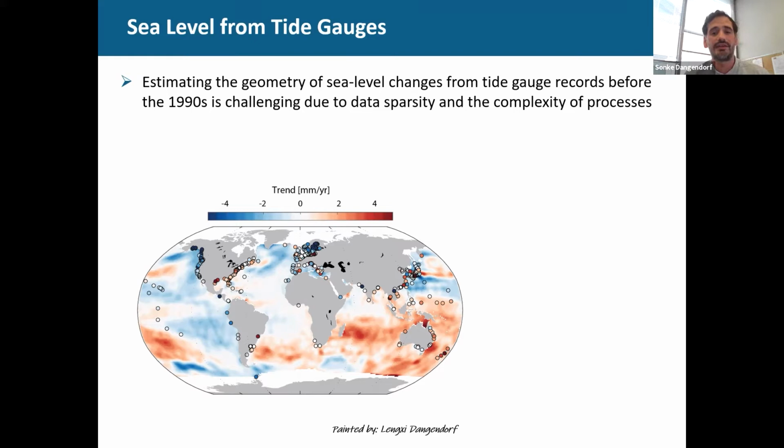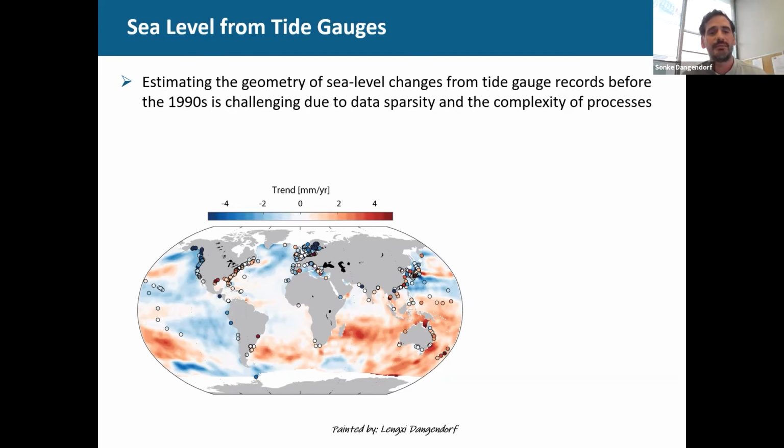In this plot, you can see the same trend map as before, but the little dots show the same regional sea level trend as measured by tide gauges at the specific locations. In principle, you can see that over the larger scale, the two estimates agree relatively well. So in blue areas, you usually also see blue patches from the tide gauges.